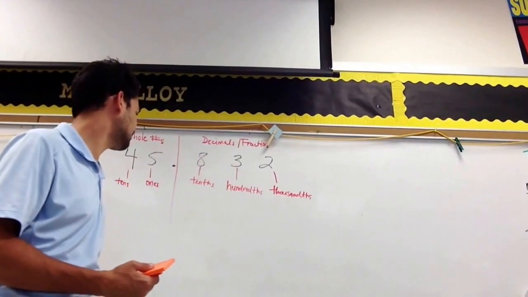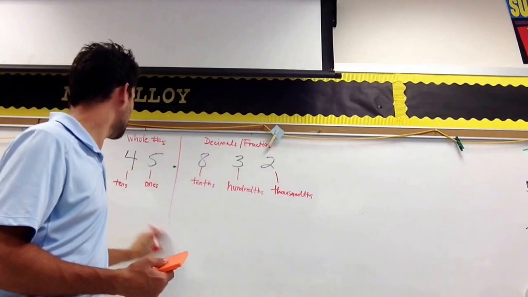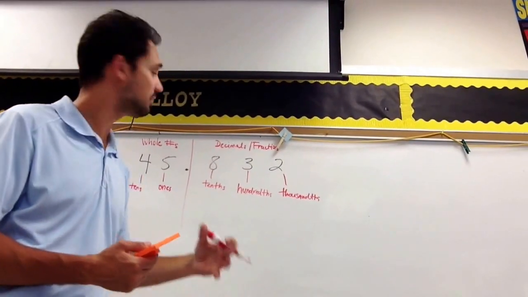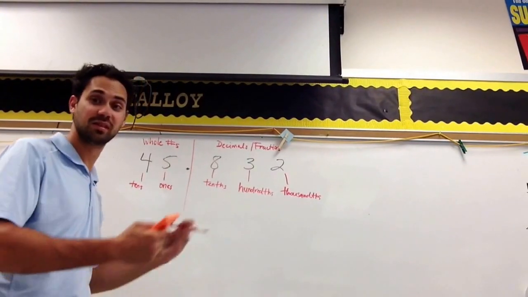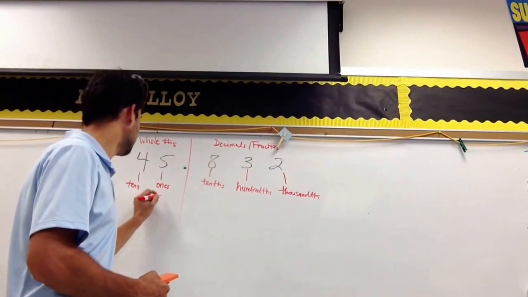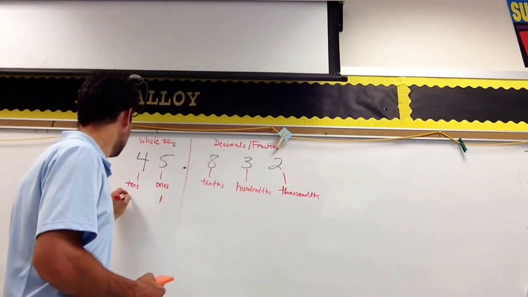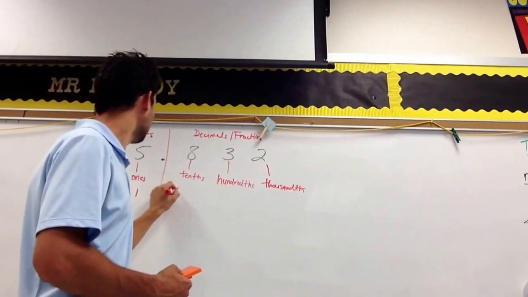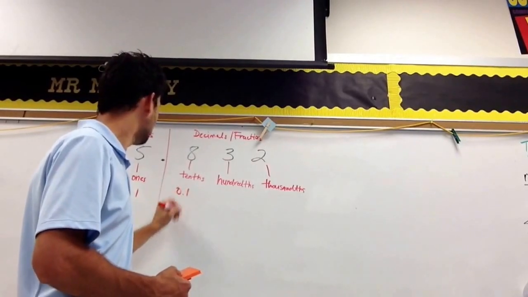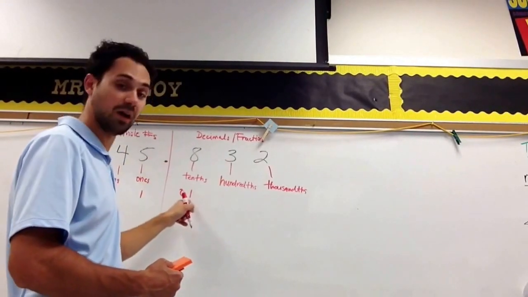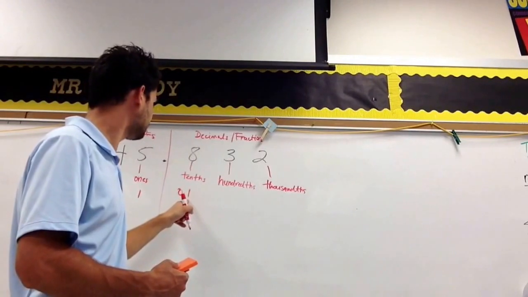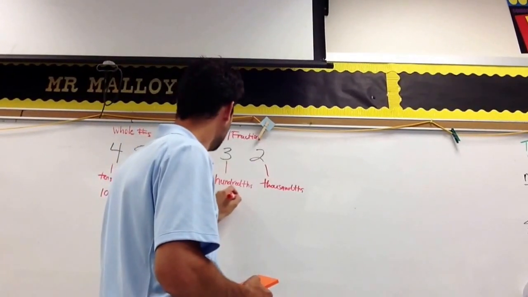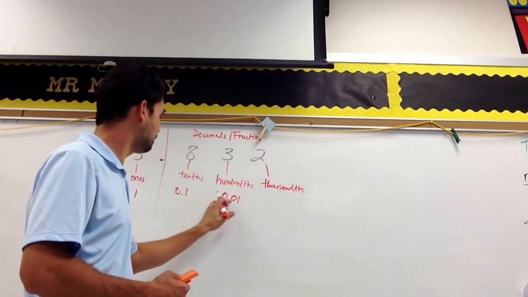Okay? Well, moving on, we can write these in word form, or we can use numbers, symbols to represent them. So the ones is represented with a 1, the tens is represented with the number 10. 1/10 is 0.1. 1 place to the right of the decimal point. 2 places would be 0.01.